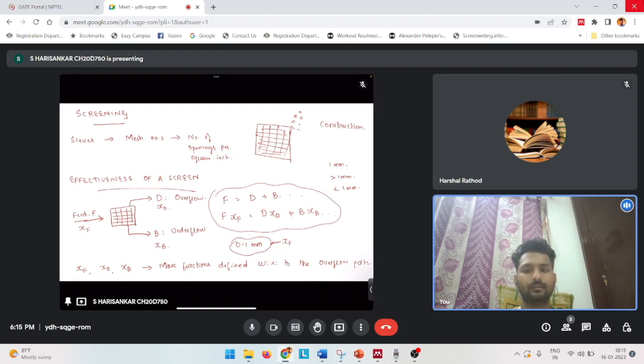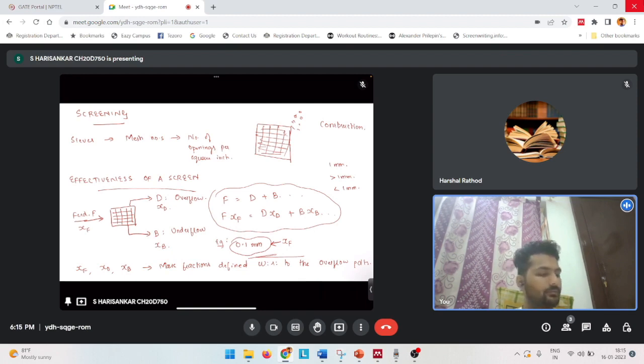That is how you define these mass fractions. Then XD will be the fraction of particles in the overflow that has a size less than 0.1 mm. This 0.1 is just an example arbitrary value. It can be anything. It depends on the system or the situation that we are dealing with. But I'm just giving you an idea of how these mass fractions are generally defined.